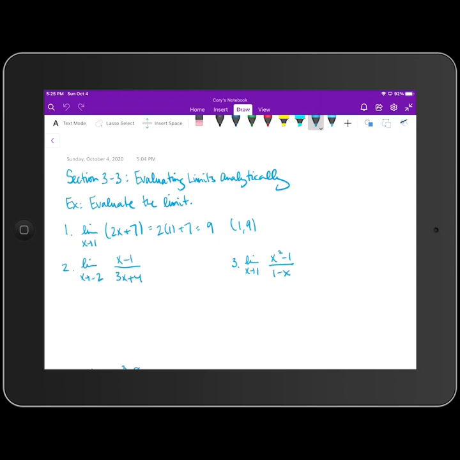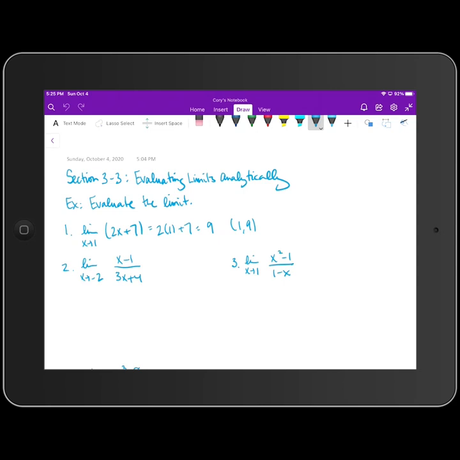When we look at number 2, again, we're taking the limit as x approaches negative 2 of (x minus 1) over (3x plus 4). Again, we want to try to use direct substitution and see if we get a valid output.